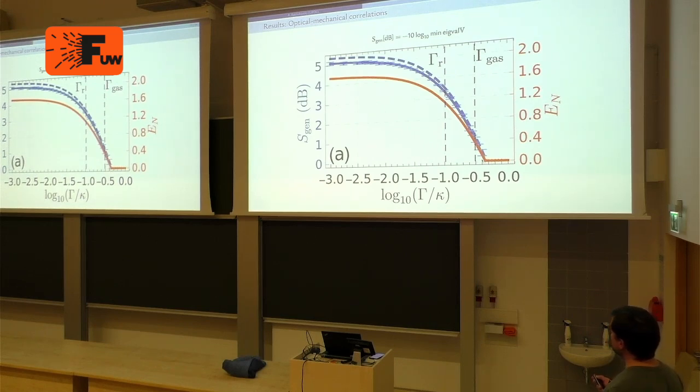So they had two threshold values for this. One of them is heating by collisions with residual gas in the chamber. This quantity can be reduced by doing better evacuation of the chamber. So if they go to higher vacuum, this gets reduced.